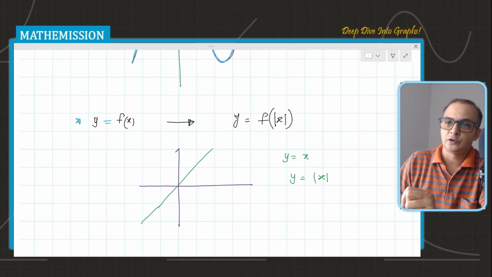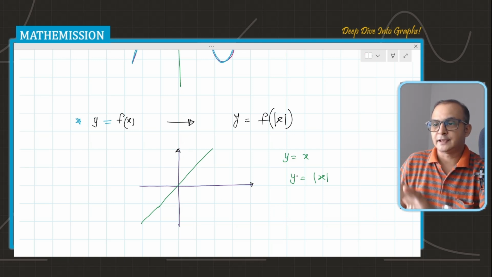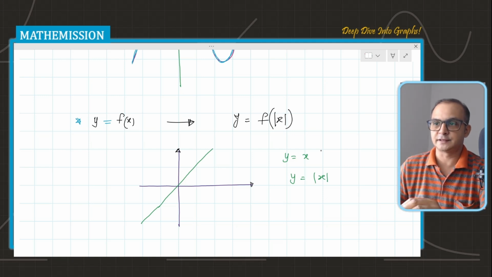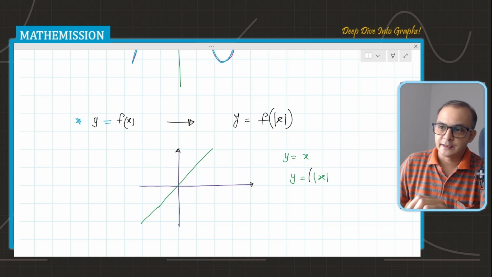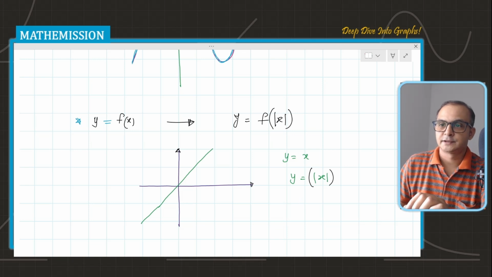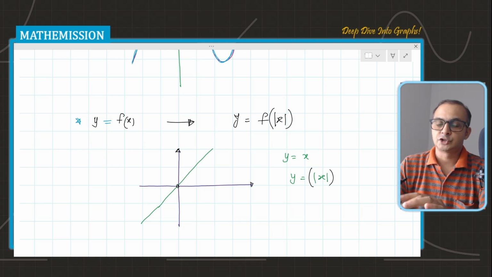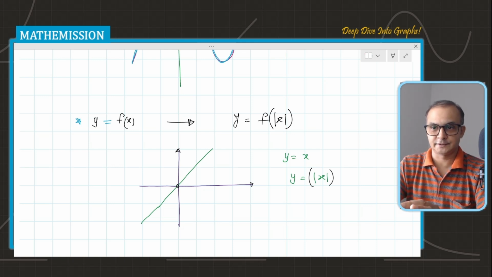So how do we try this thing? When we are applying this modulus from inside, it means that whatever you are taking in the negative direction of the x-axis, it should give you as if you have taken the positive value of x.